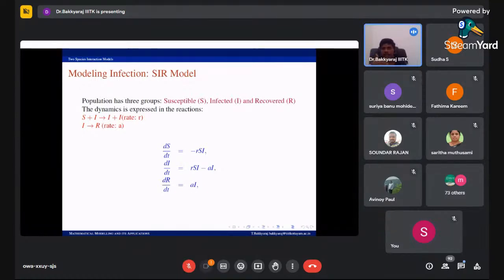So that is dR by dt equals A times I, and the same amount of infected persons will be removed from dI by dt. Okay, so this is a very basic SIR model. It is not only applicable for the analysis of communicable diseases.